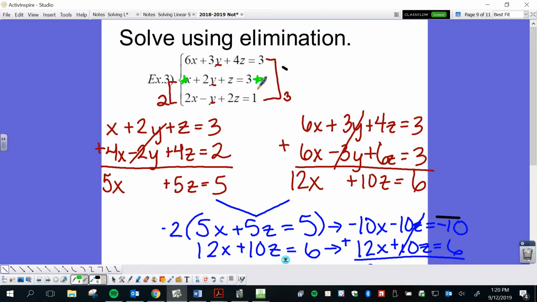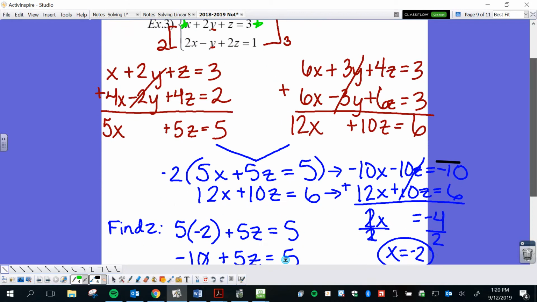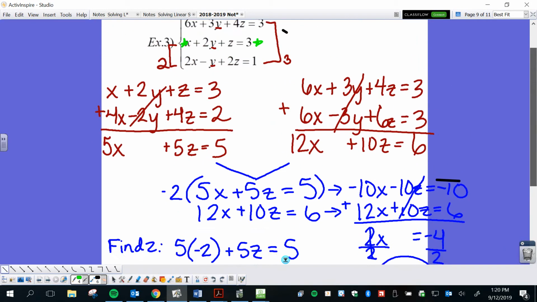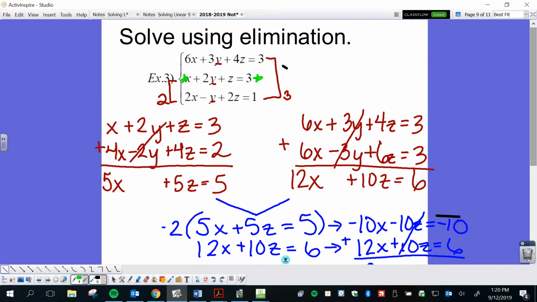Okay. So I'm gonna do that off to the side here, so I don't have to keep scrolling. So x was, what was x? I forgot. Negative 2. All right. So I'm plugging into the second equation, so that would be negative 2 plus 2y. I don't know what y is, so it just stays y. Plus z, which was 3, right? Equals 3.